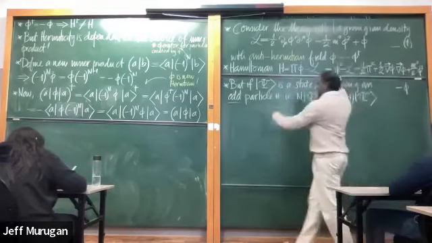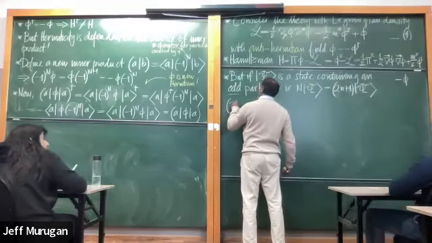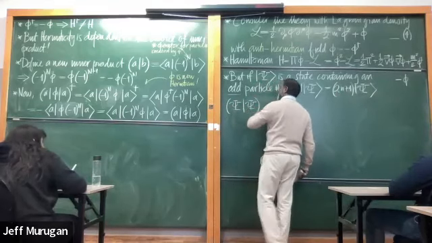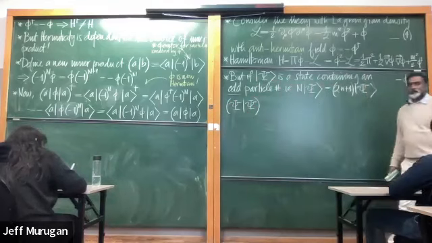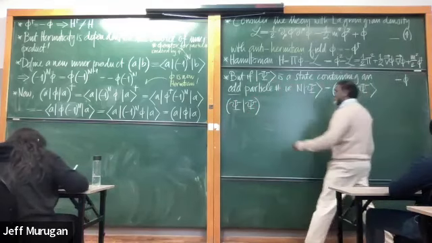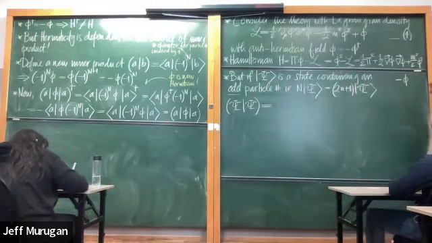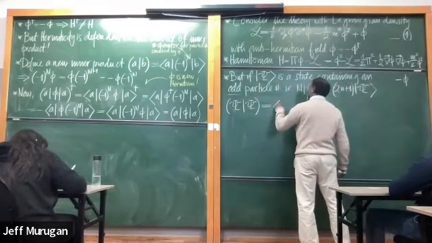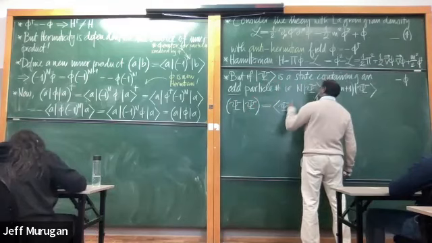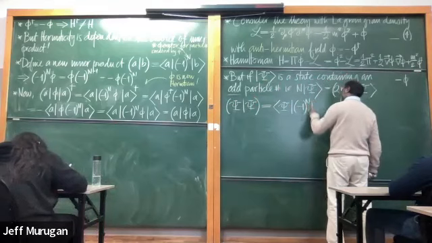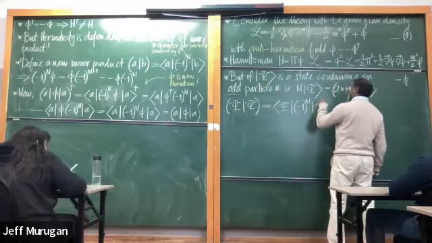If I calculate in this inner product the inner product of psi with itself, any odd particle number state, then this is psi (-1)^N psi.